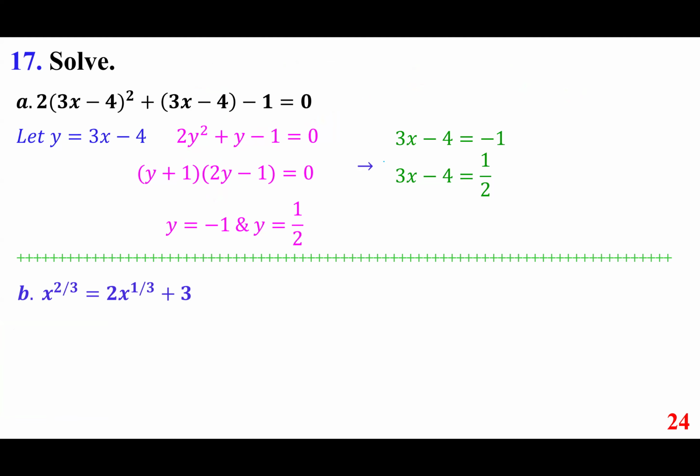So this one, 3x equals 3, x equals 1. This one, 3x equals, if I move the 4, I get 4 plus 1/2, which is 9/2. When I divide by 3, I get 3/2.